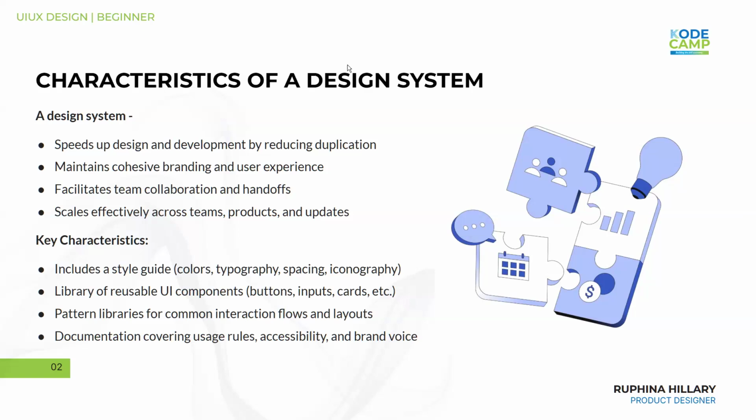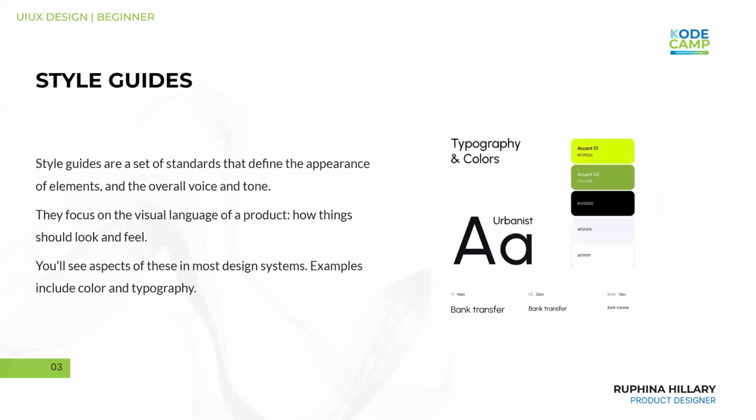Okay. So like I said, a key characteristic of the design system is that it includes a style guide. Style guides are a set of standards that define the appearance of elements and overall voice and tone. So just think of what style means, and this is just trying to tell you that this is a guide, right?